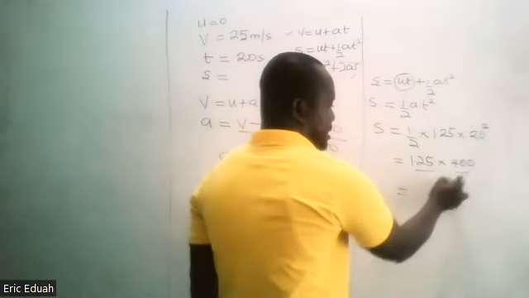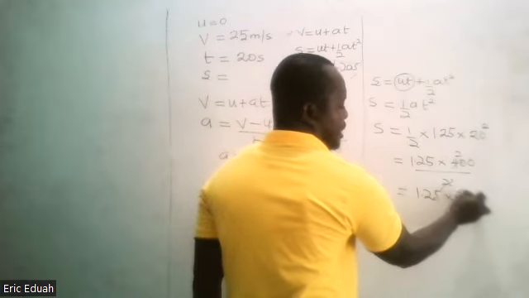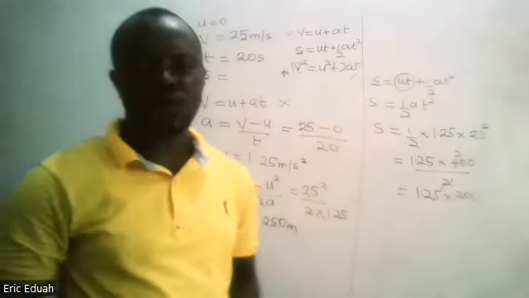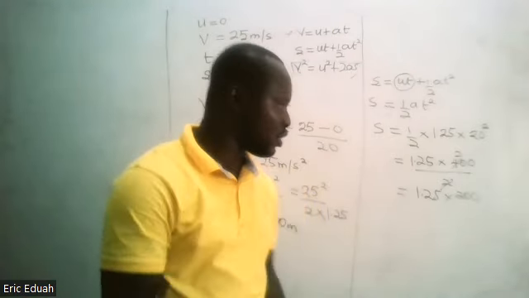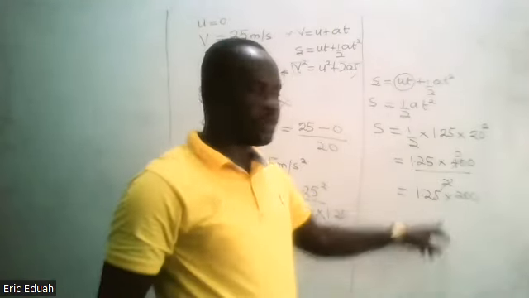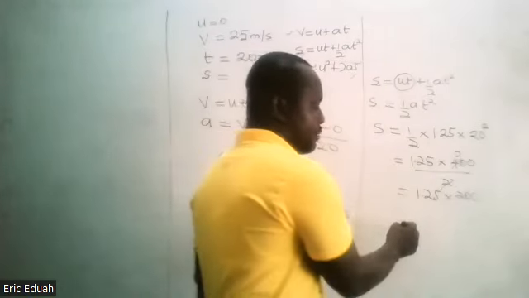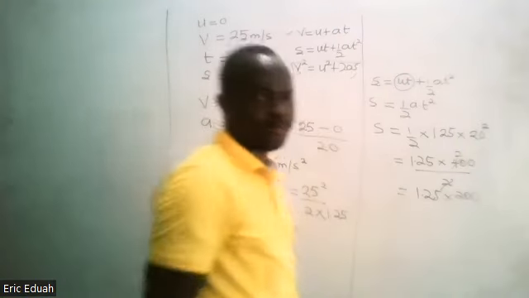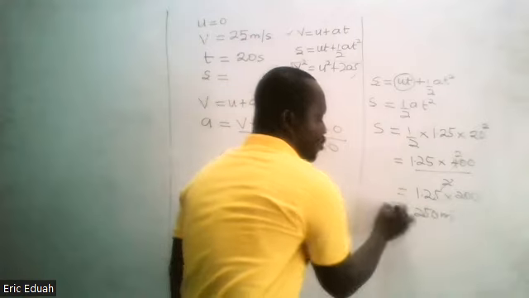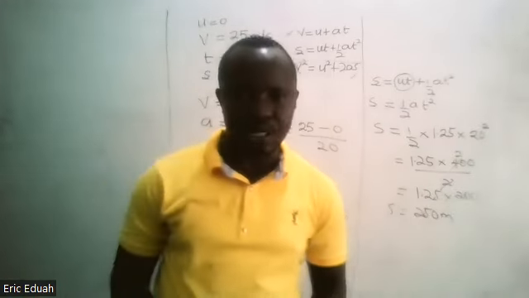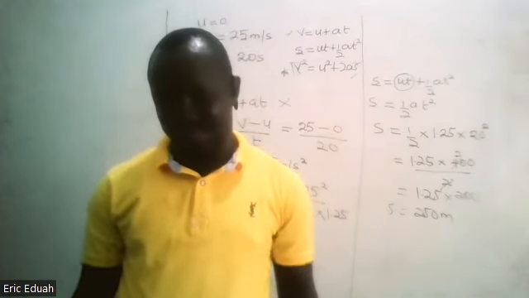So this goes in 1.25 times 200. And what is 1.25 times 200? 250. Yes. 2.5 times 100. Whichever way we look at it, the value is the same.